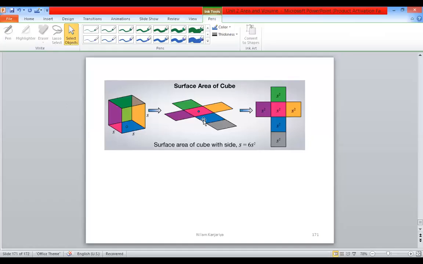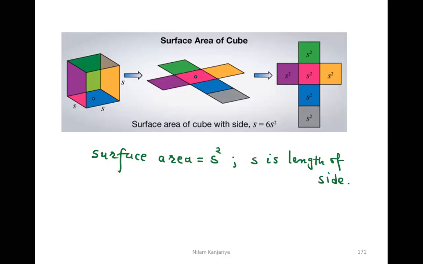This is your cube, and the surface area is 6 times S squared, where S is the length of the side. Students, please remember this formula, it's very important. So remember the first formula to find the surface area of a cube.